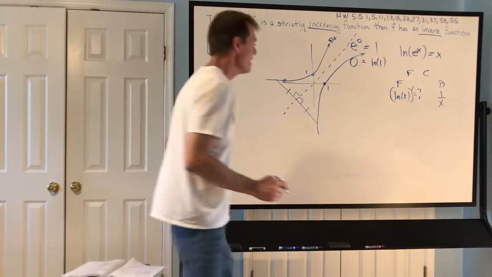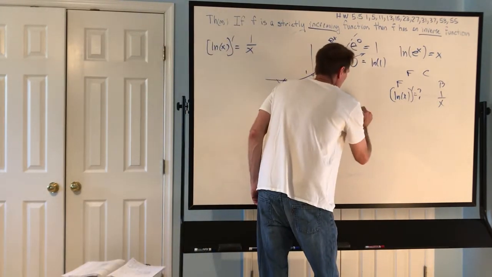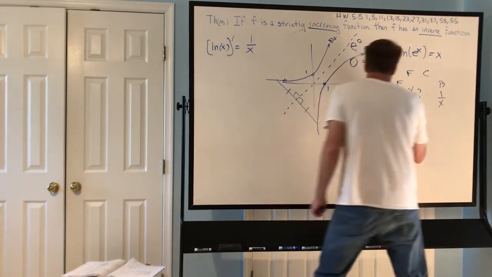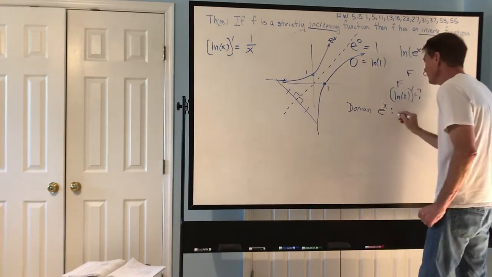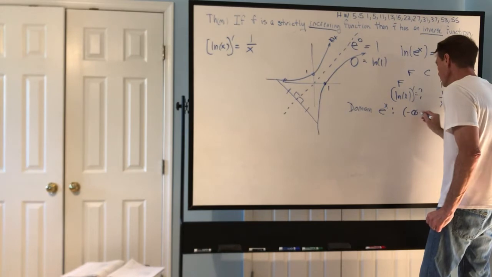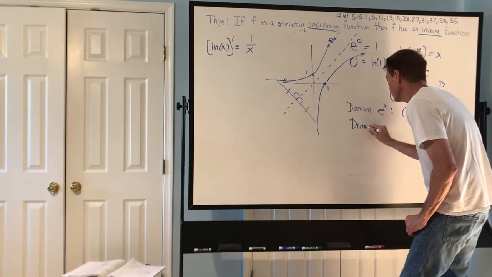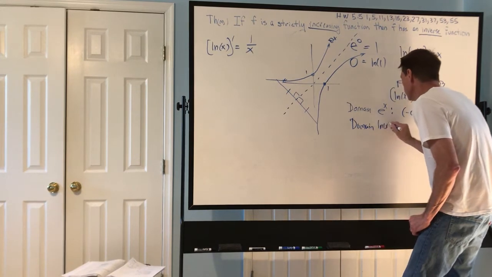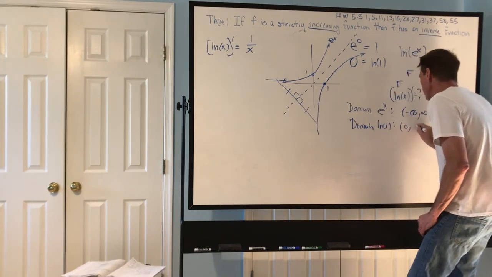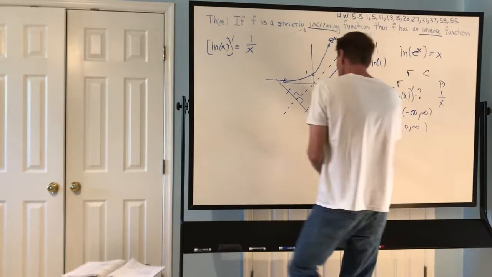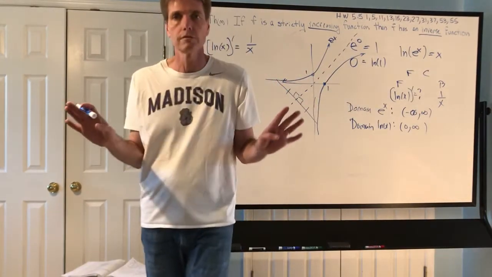But the domain of e to the x is everybody. It's all real numbers. However, the domain of the natural log function is just from 0 to infinity, and there's nobody at 0. This is a vertical asymptote.